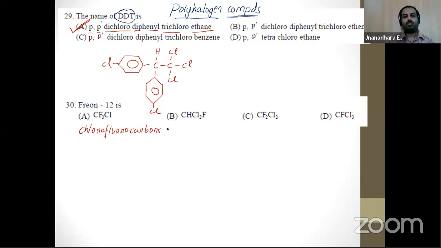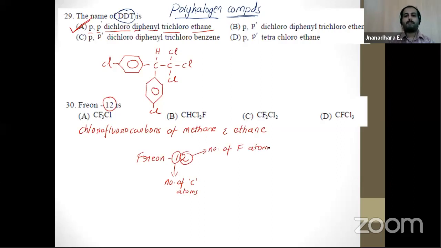Freons are chlorofluorocarbons of methane and ethane, and they are usually named by number codes. For Freon 12, the first number indicates the number of carbon atoms and the second number indicates the number of fluorine atoms. So 1,2 means 1 carbon and 2 fluorines.